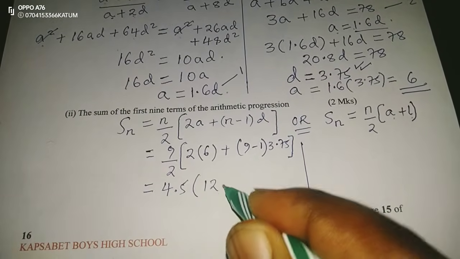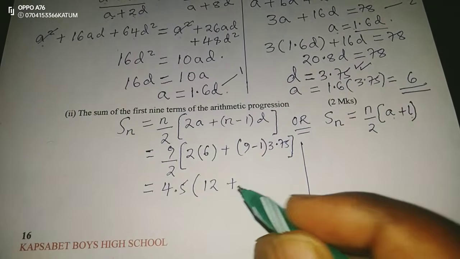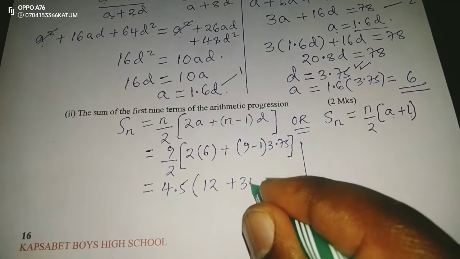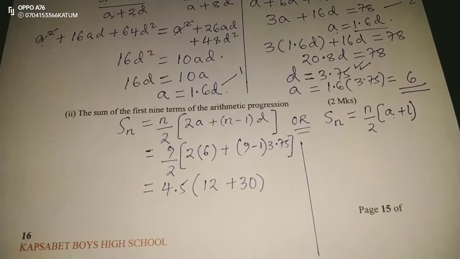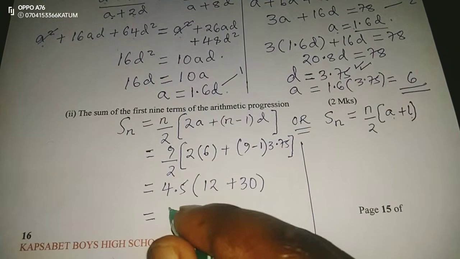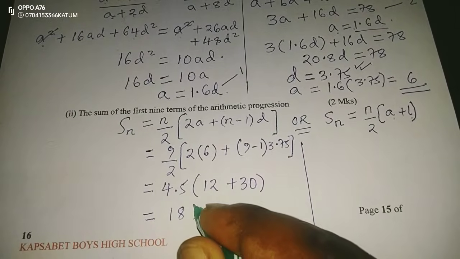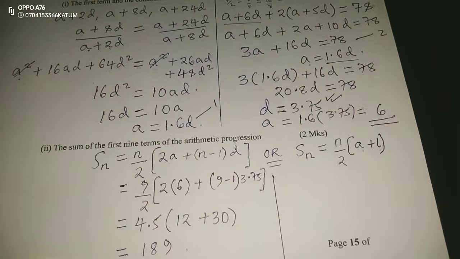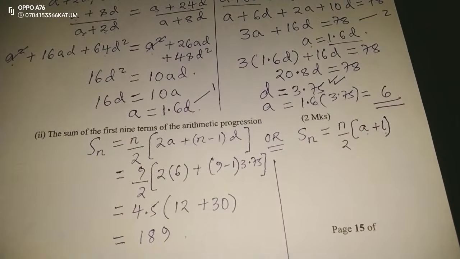This is 12 plus, when we take 8 times 3.75, we're going to have 30. 30 plus 12 is 42, times 4.5. This will give us exactly 189. So that is what the sum of the first 9 terms is.